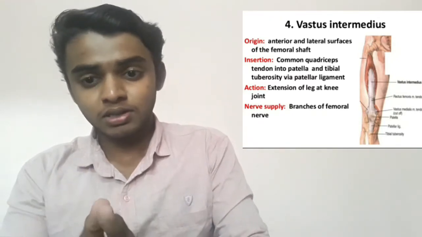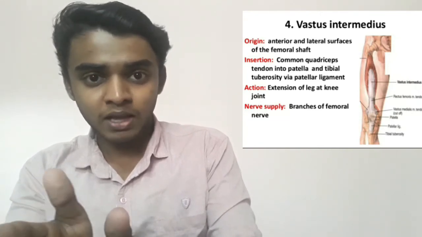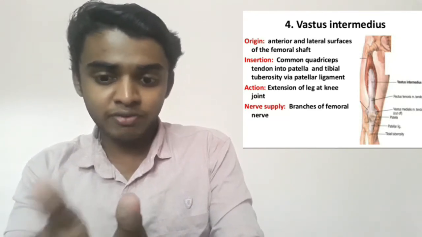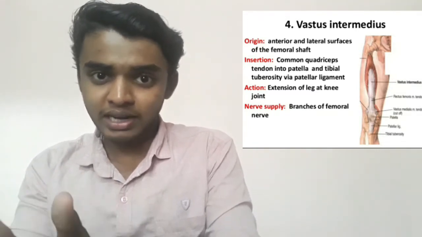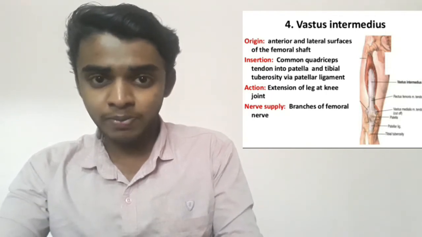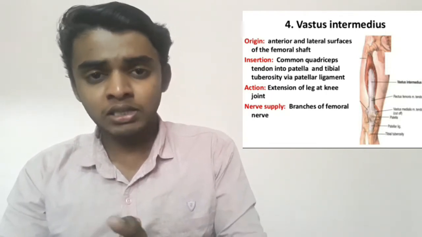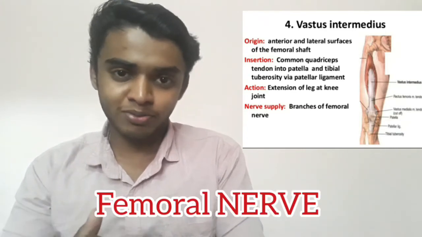The tendon of rectus femoris is just anterior to the vastus intermedius, and the tendon of vastus intermedius is just posterior to the rectus femoris. Both of these tendons are inserted into the base of the patella. And when we see the nerve supply, it is also supplied by the femoral nerve.